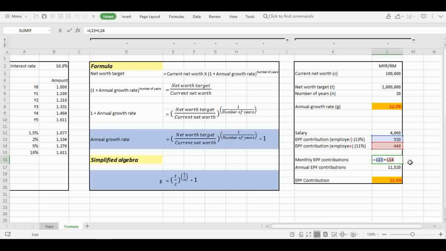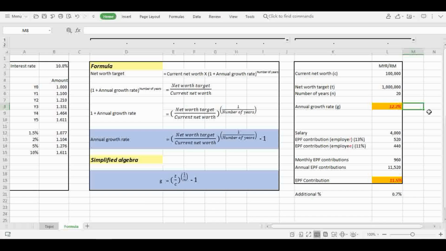So this is 960 ringgit every month, and your annual contribution is going to be 11.5K. Let's say I'm calculating the EPF contribution impact on your current net worth at the current year. So this 11.5K on your 100K current net worth is going to be 11.5%.